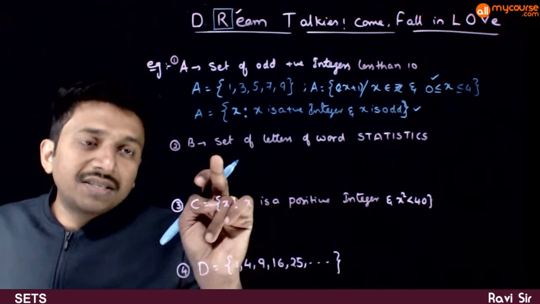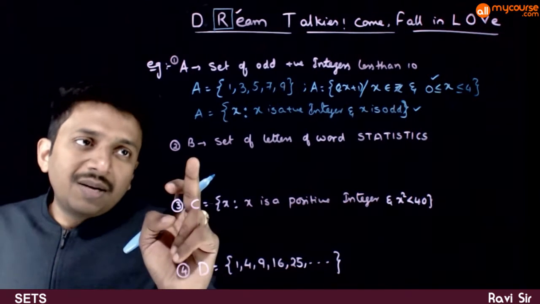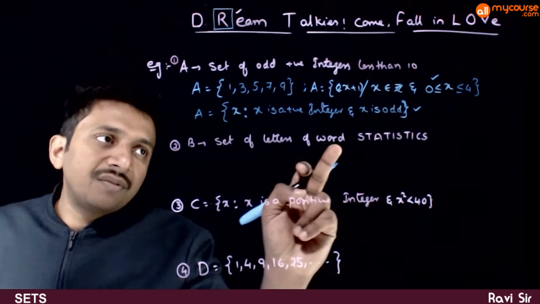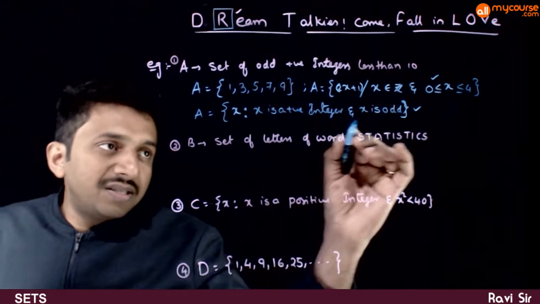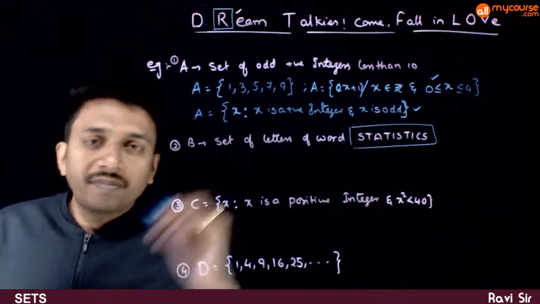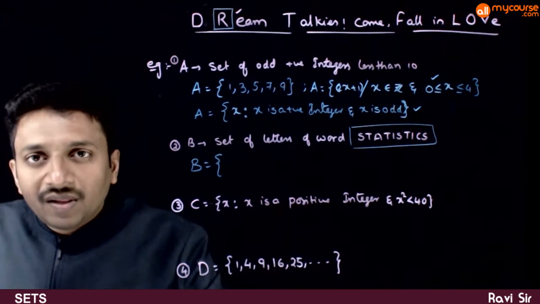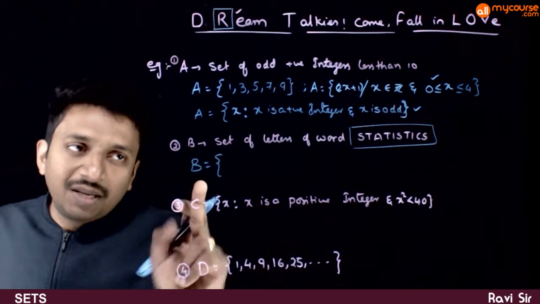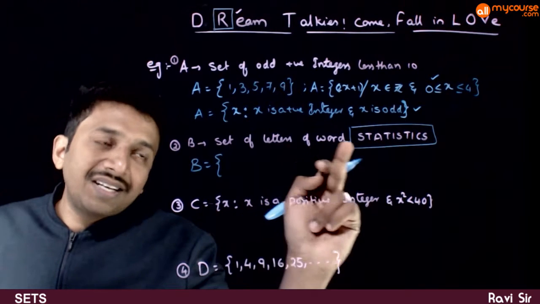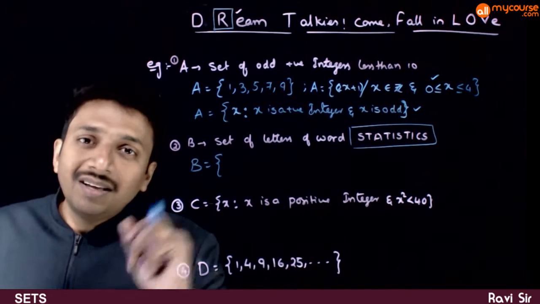So next, let us go to set B. Set B is the set containing letters of the word statistics. So this is a very tricky question. So what is the set builder form of this set? So what are the letters that are present in the word statistics?